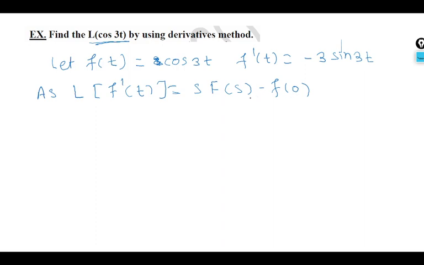First of all, you will observe here we get Laplace of f dash of t. F dash of t means Laplace of minus 3 sine 3t, but we want Laplace of cos 3t.